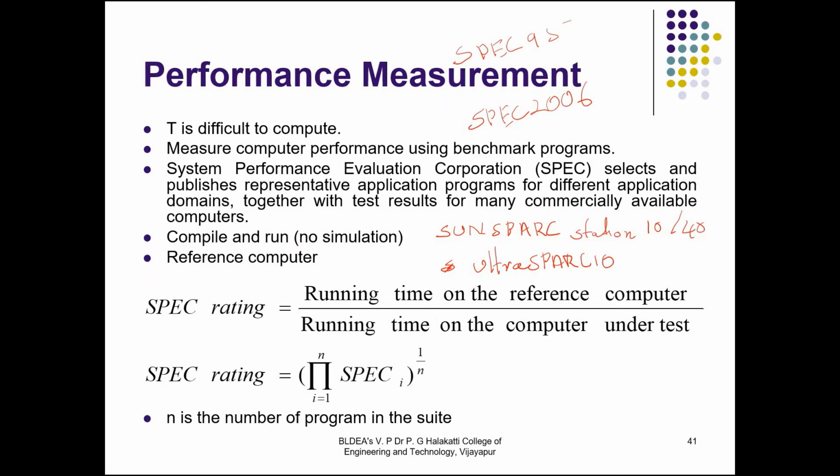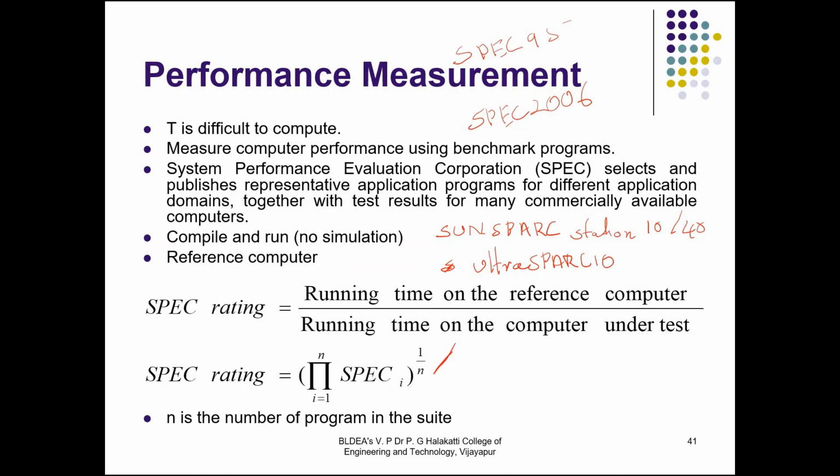Now as I told you, the suite may contain a different number of programs. Each program will be run on both the computers. Now n is the number of programs in the suite. So the SPEC rating in general becomes the product over i equal to 1 to n of SPEC_i, whole raised to 1 by n.